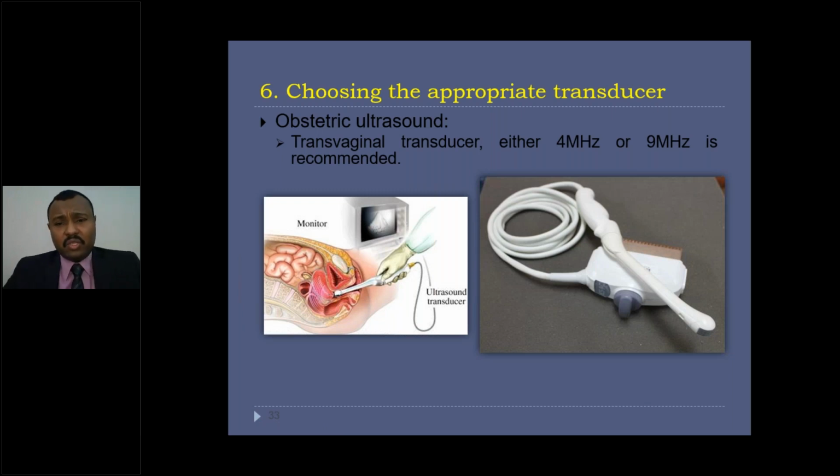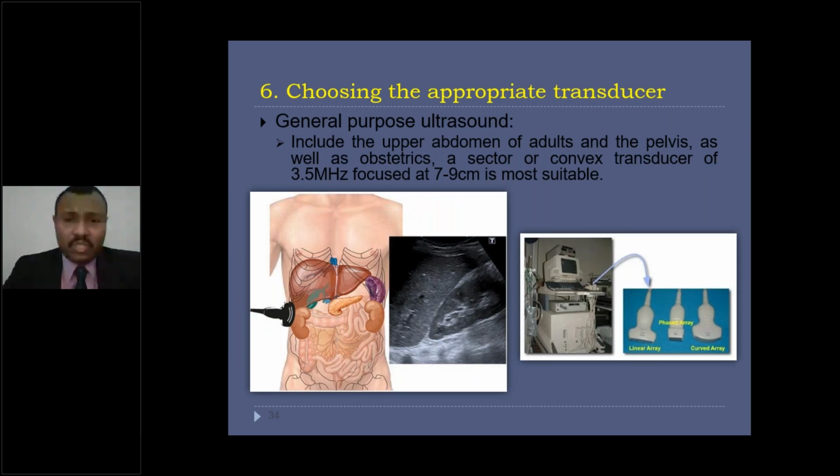So from the previous talk, we mentioned that if we need obstetrical and gynecological ultrasound examination, we have three kinds of probes: linear probe, curved linear probe, and transvaginal probe. For general purpose ultrasonography, especially if we would like to scan the upper abdomen in adults and the pelvis, we have to have a sector or convex transducer.